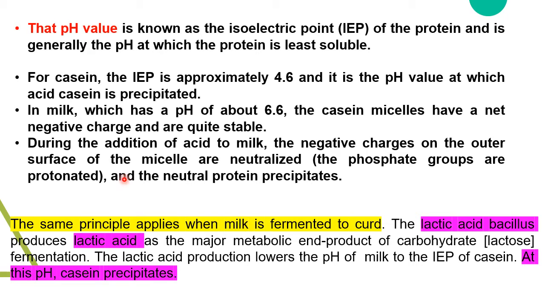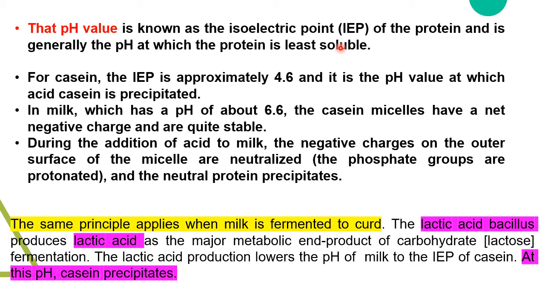Okay, that particular pH value is known as the isoelectric point, IEP, of the protein, and it is generally the pH at which the protein is least soluble. The protein we are talking about here is casein. It will be least soluble, which means we can precipitate it.